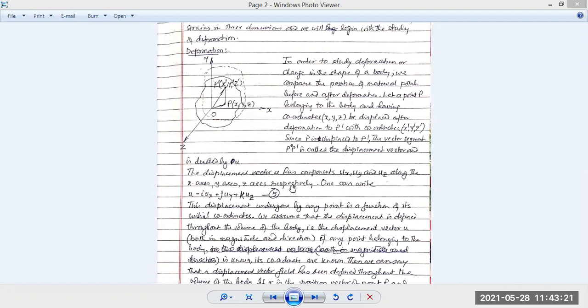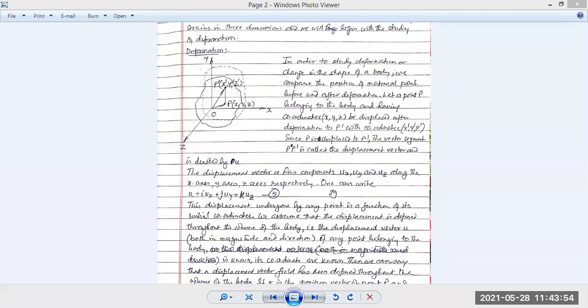Now, the displacement vector has components Ux, Uy, Uz along the x-axis, y-axis, z-axis. Or displacement vector means this straight line PP dash has components along the x-axis, y and z-axis equal to Ux, Uy, and Uz. And a third explanation is that these components are all direction cosines along the x, y, and z axis itself.